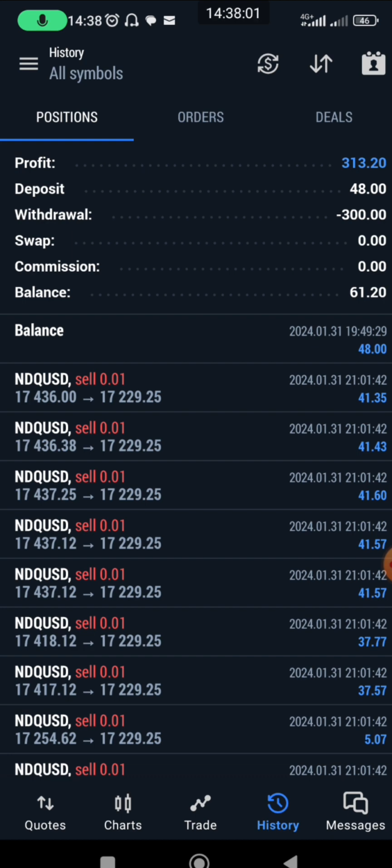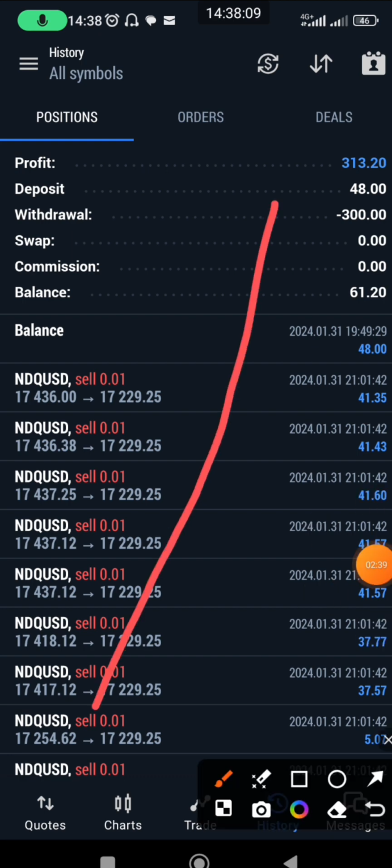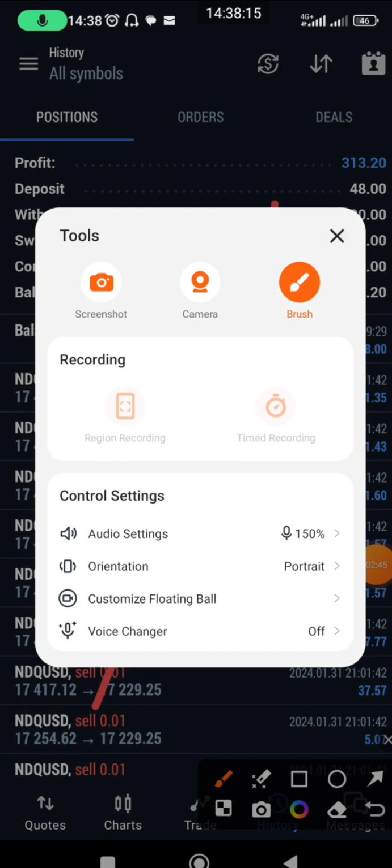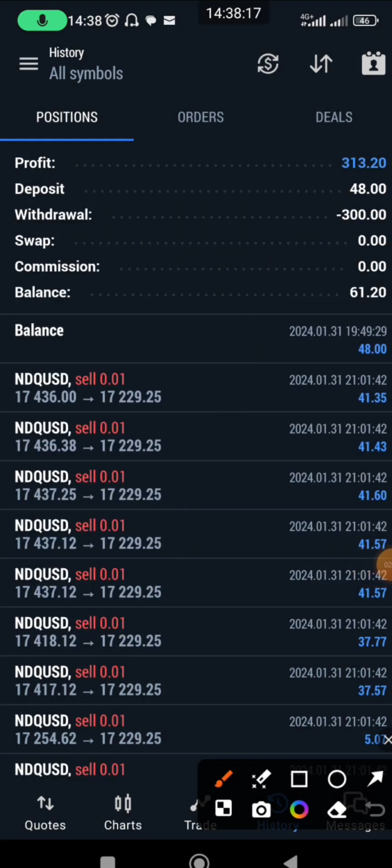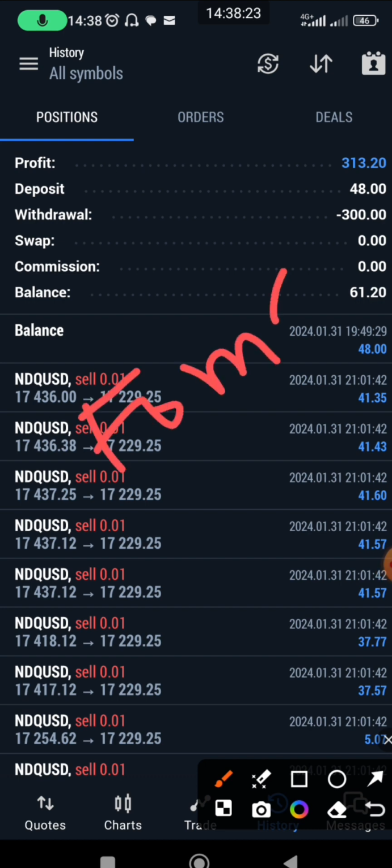Then the number three thing you need is a volatile period, a period where the market will just go straight up or straight down. Examples of these volatile periods are periods whereby there is high impact news like FOMC news and NFP.